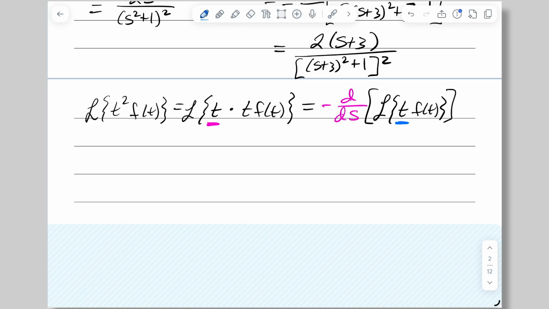That second t in there is telling us to take, again, a negative derivative with respect to s. The result is the second derivative with respect to s of the Laplace transform of f, so of F of s. Where'd the negative go? Well, the negative from the one derivative and the negative from the other derivative multiplied together.